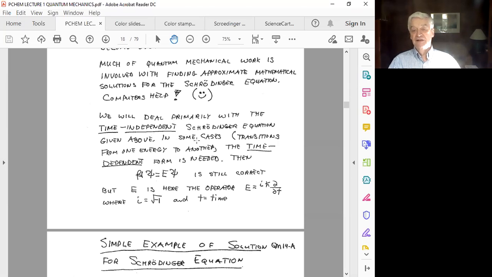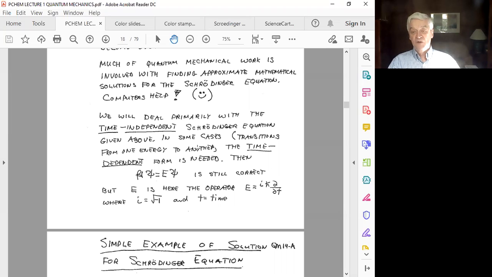It turns out time-dependent forms of the Schrodinger equation are important if we want to look at chemical reactions, dynamics, transitions from one quantum state to another. But that's beyond the scope of an undergraduate course. Students who get into graduate courses on quantum mechanics will cover this.